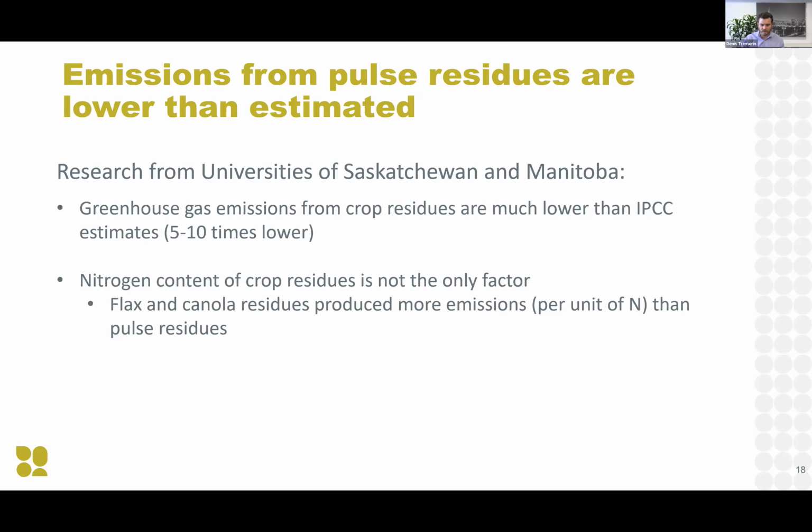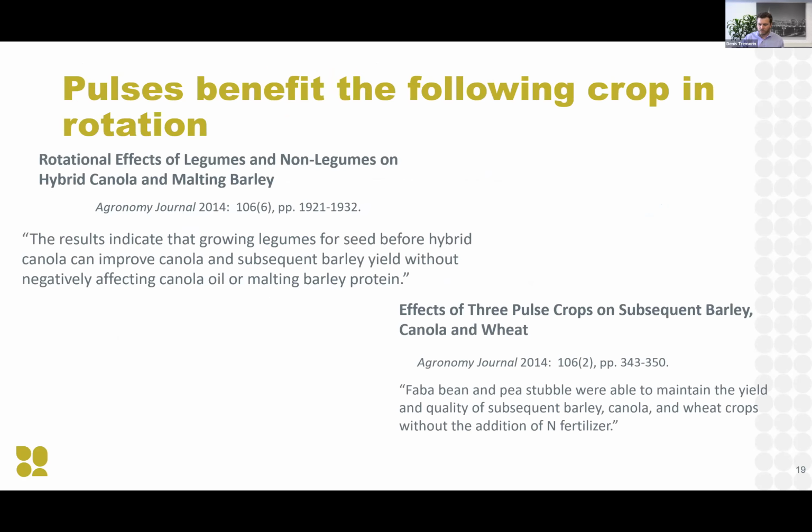What we also know is that there's been a lot of research for decades now through the long-term research plots that existed at Indian Head, Scott, and Swift Current. We've known for a long time that pulses provide a good benefit to the cropping system, and they benefit the following crop. There have been some more recent studies looking at the rotational effects of legumes on crops like canola and malting barley in terms of yield.